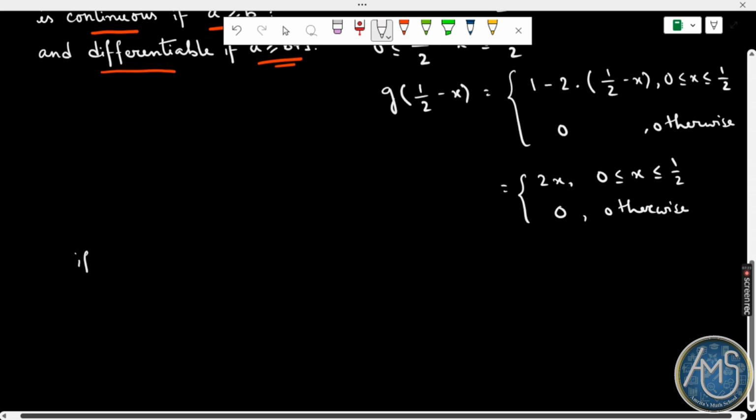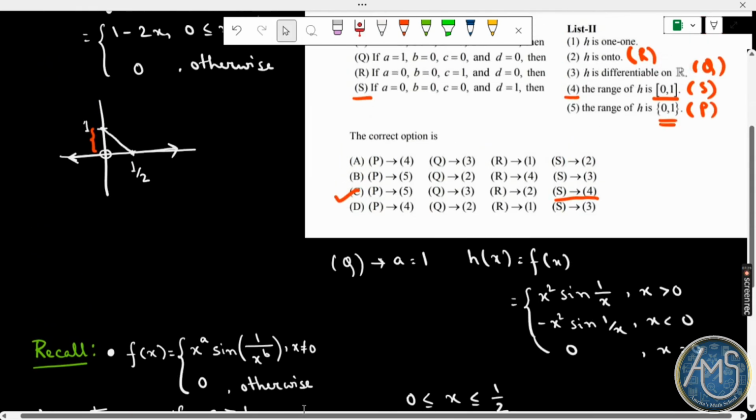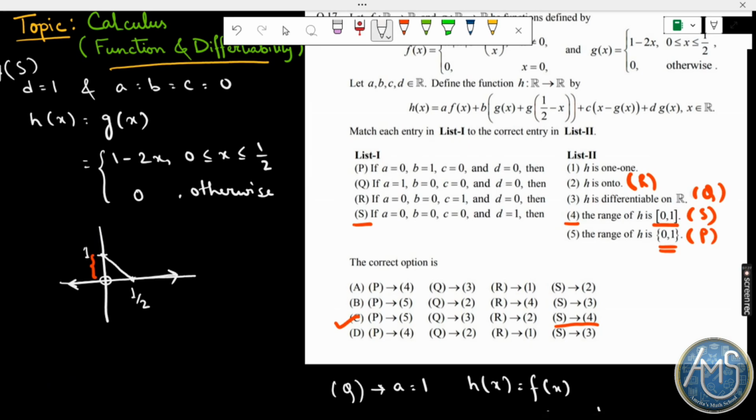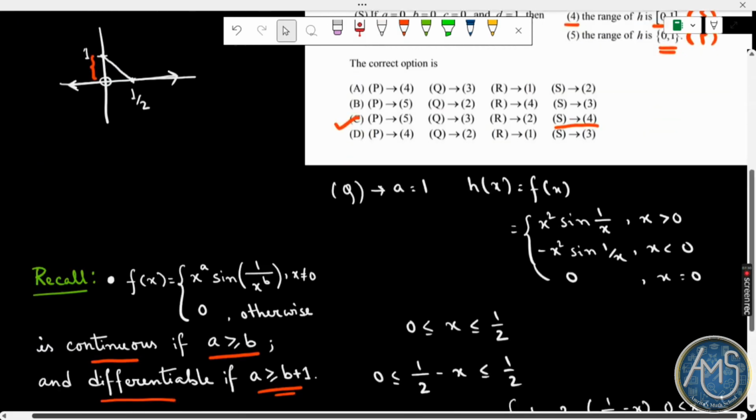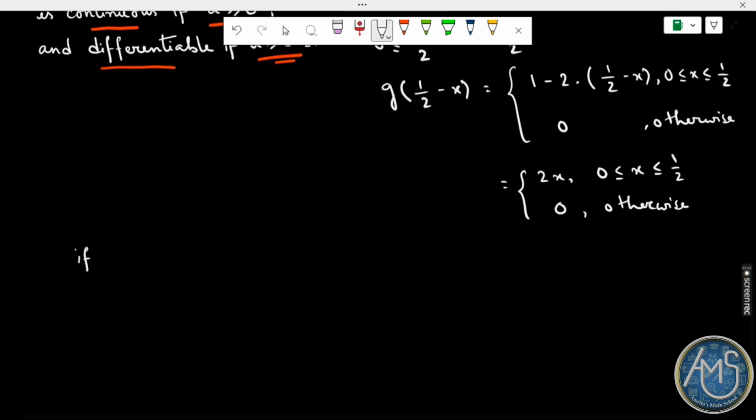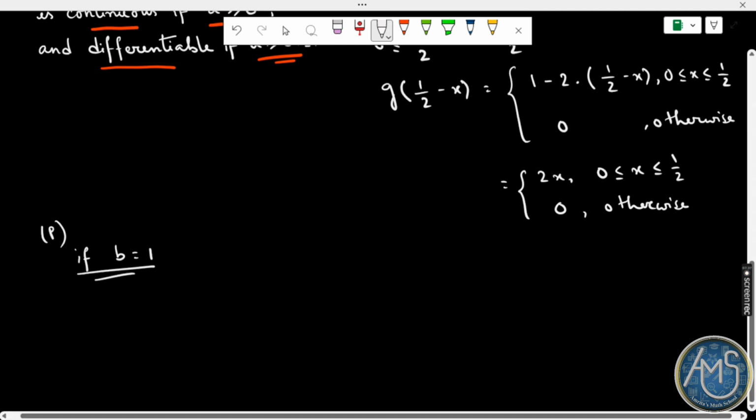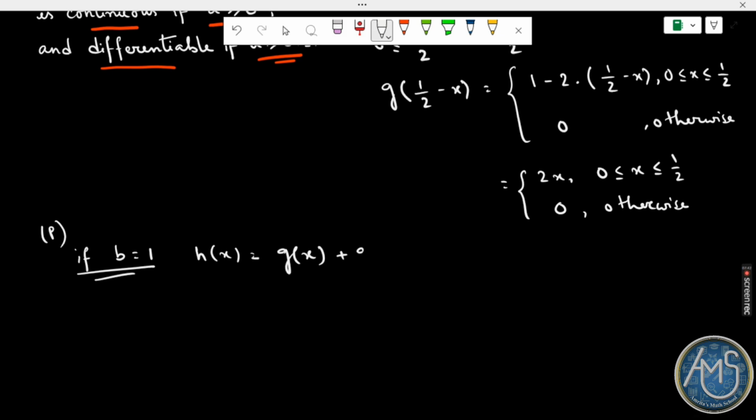So for b equals 1, that means option p, g(x) plus g(1/2 minus x). So if b equals 1, for option p, h(x) equals g(x) plus g(1/2 minus x), that means 1 minus 2x plus 2x, that is only 1 for 0 less than or equal to x less than or equal to half, and 0 otherwise.